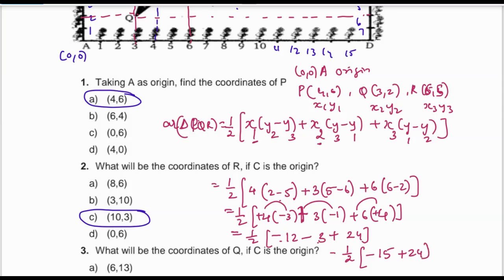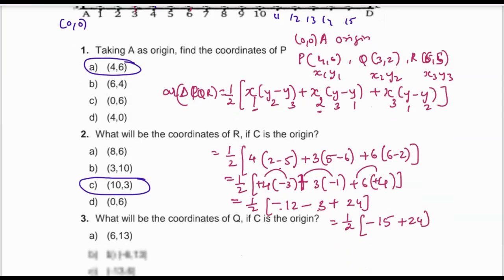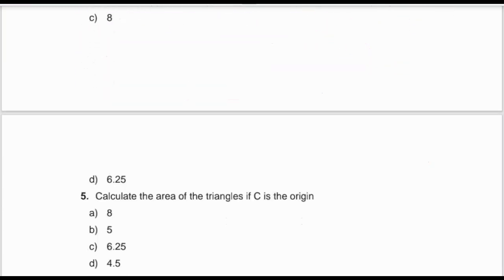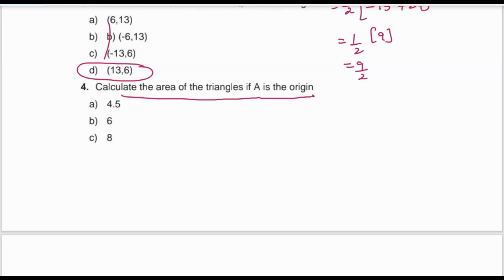So that is nothing but we get half into 9, so that will be 9 by 2. So the area of the triangle is 9 by 2. 9 by 2 can be written as 4.5. If you divide 9 by 2, 2 fours are 8, 1 remainder, point 0, 2 fives are 10. So it is 4.5 will be the answer.